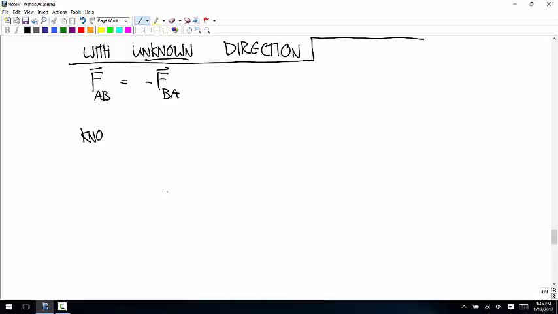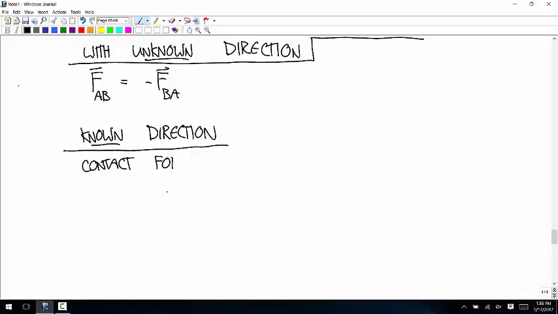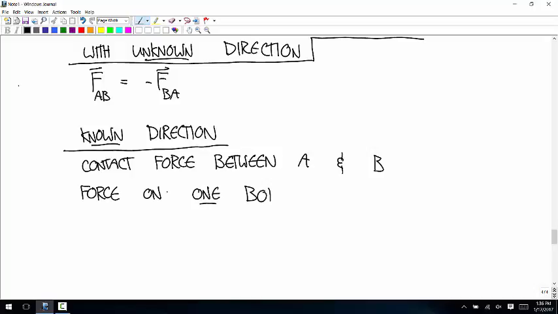With a known direction, if you're dealing with the contact force between A and B, then the force on one body is some known direction with some variable value.